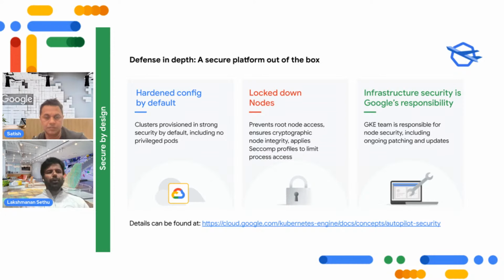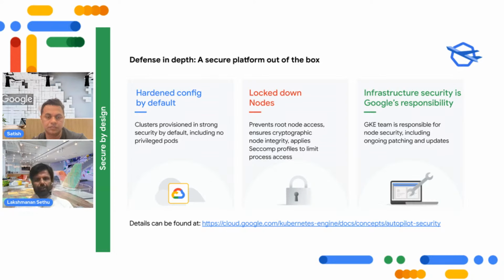So you don't worry about node infra management, as we discussed earlier. Node provisioning and scaling, like HPA and VPA, are all taken care of by Google. So you don't need to worry about anything around node management or node infrastructure management.